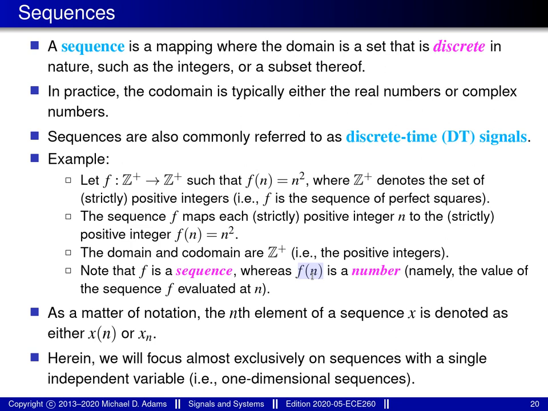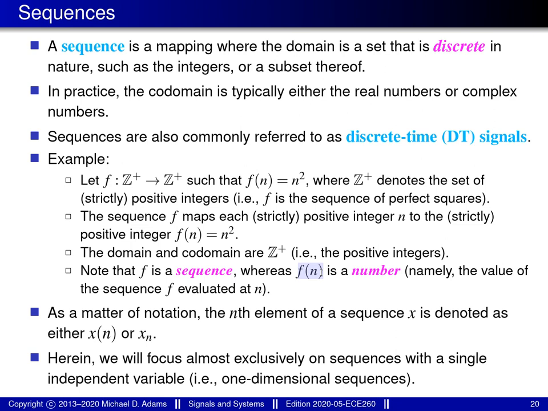And the reason why I'm pointing this out is that often engineers abuse mathematical notation and they write an expression like this, f of n, meaning a function, and this is not really correct. And in some cases it's kind of a harmless thing to do. In other words, in trivial cases, abusing the notation and using f of n to denote the sequence f rather than the value of the sequence f at n is sometimes harmless.